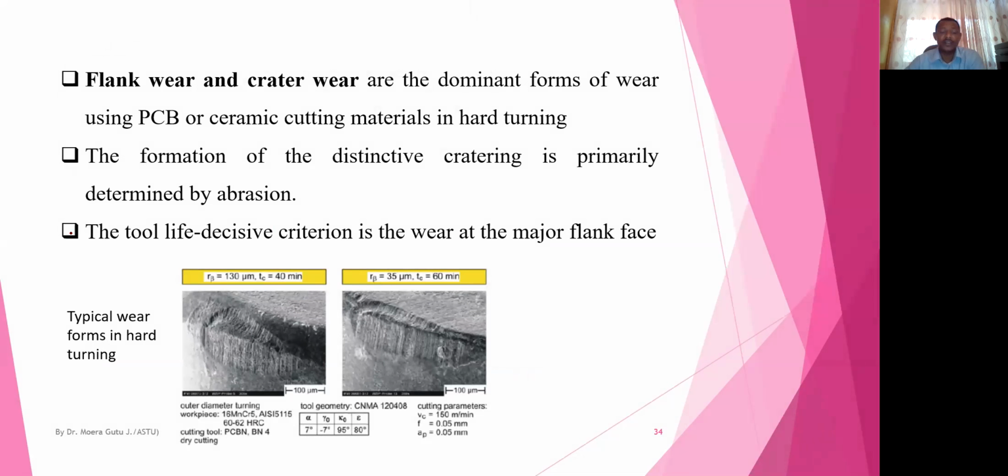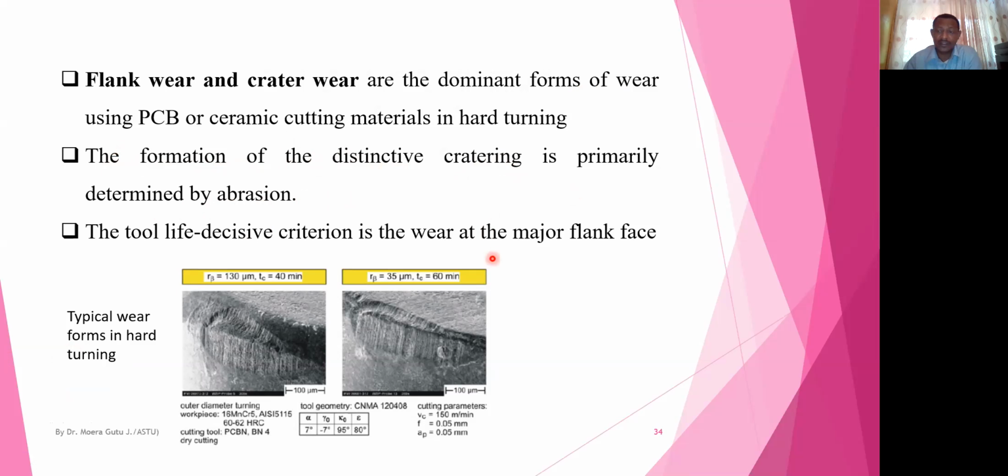Flank wear and crater wear are the dominant wear forms of the cutting tool. The formation of distinctive cratering is determined by abrasion. The flank wear can also be in abrasion form, the form of erosion.